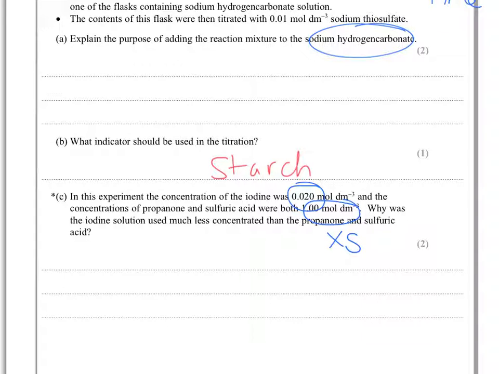If they are in excess, then we can say they are virtually constant and therefore will not affect the rate. That means that as you change the iodine concentration, any effect on rate is only due to the iodine. This is a common question that comes up in terms of discussing having an excess of a chemical, meaning that it will be constant.